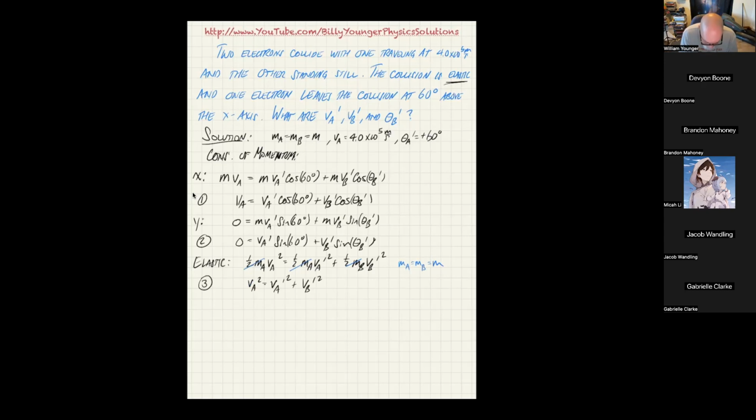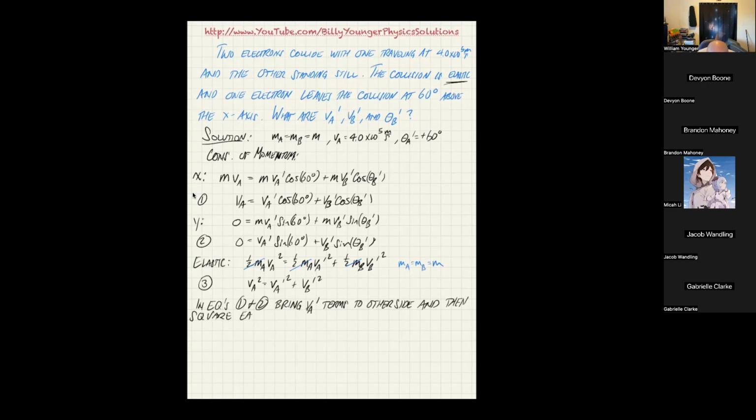So in equations 1 and 2, bring VA prime terms to the other side and then square each side.